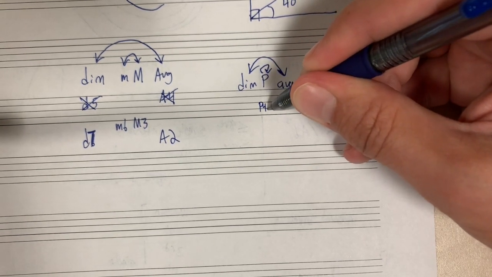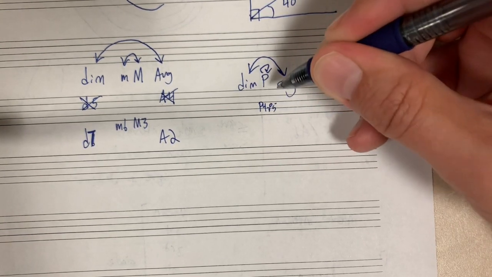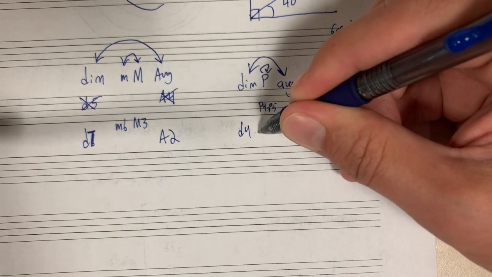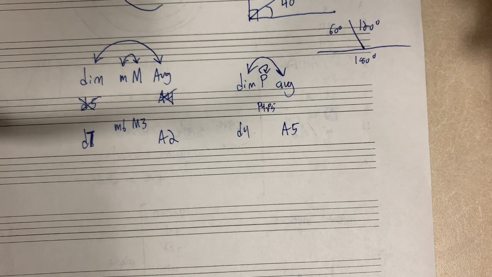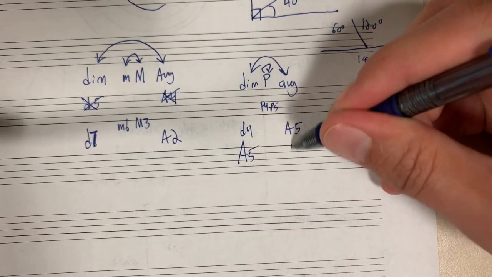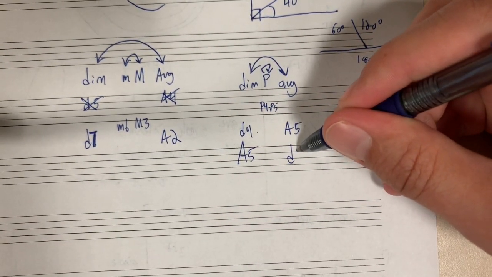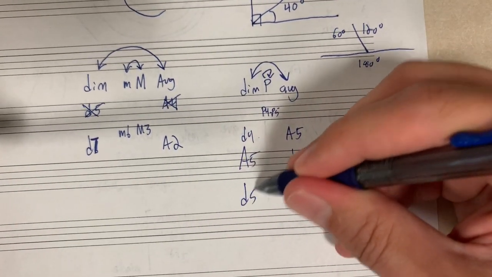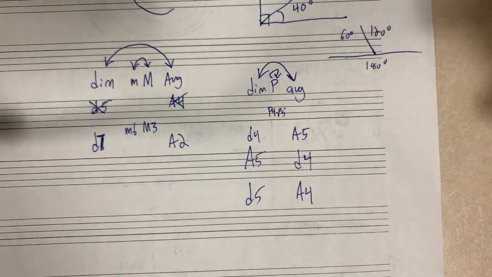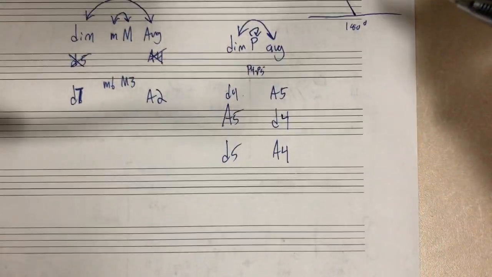So a perfect fourth inverts to a perfect fifth, but a diminished fourth inverts to an augmented fifth. Cool, right? And an augmented fifth converts to a diminished fourth. That sounds weird. And a diminished fifth converts to an augmented fourth. That's more normal. You'll see that all the time.